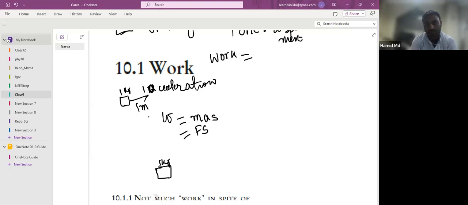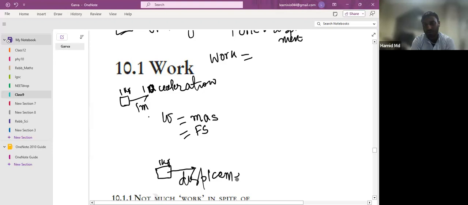Acceleration is in this direction, displacement is in this direction, and force is in this direction. So what will be the work done?